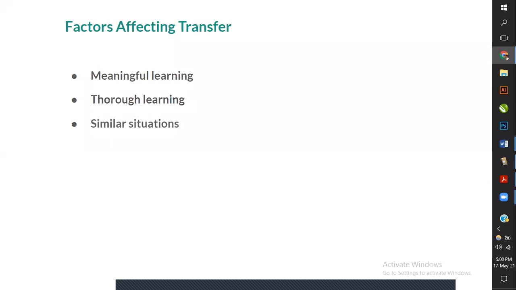And similar situations would affect transfer, such as having multiplication and maybe division and addition and subtraction. We know that these things are interrelated. For example, multiplication entails adding things multiple times, hence multiplication.